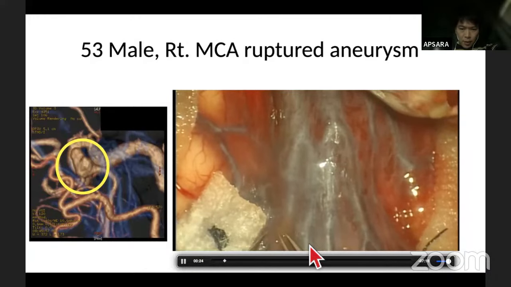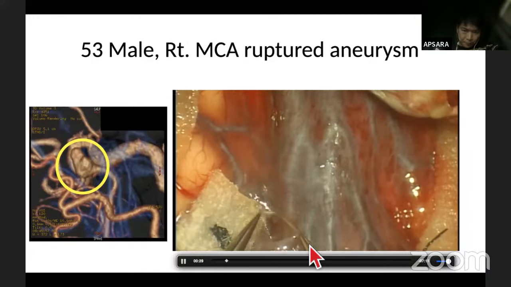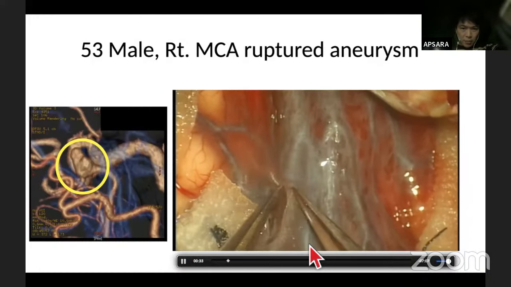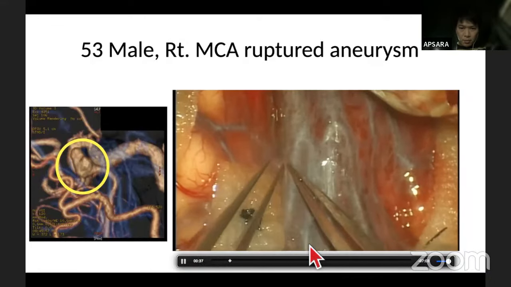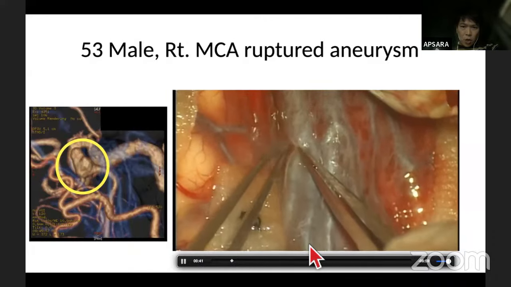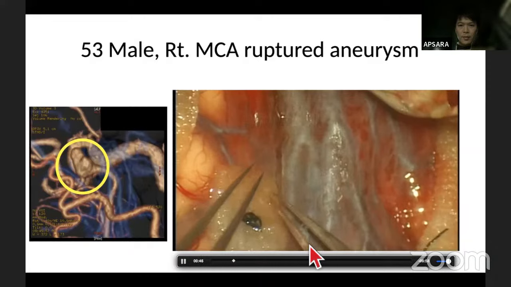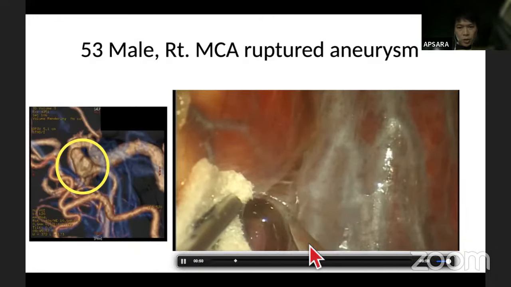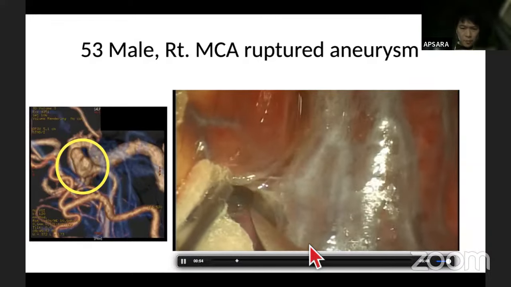Then I use the microforceps to tear like this. You may see you don't have any risk of damaging the vein or pia with this procedure. So you should open as much as possible. Then with the left hand, you use suction to make counter pressure, and cut this way.